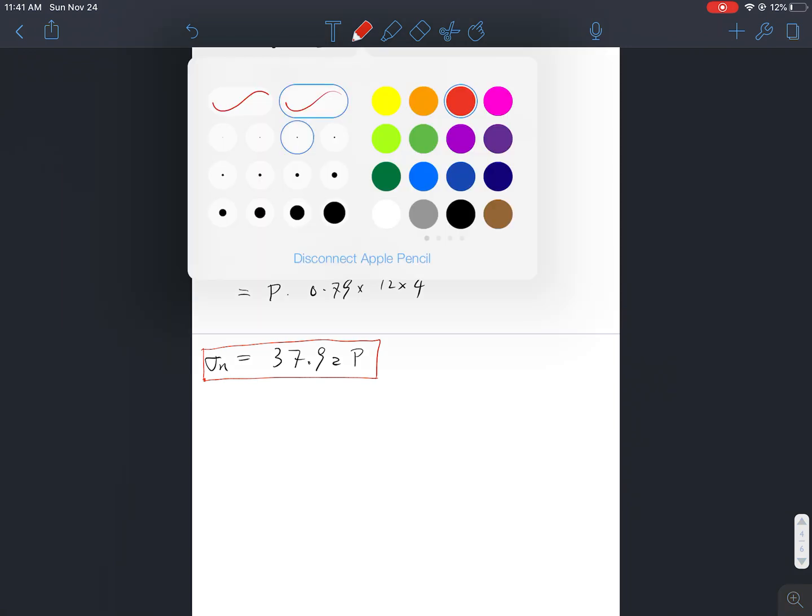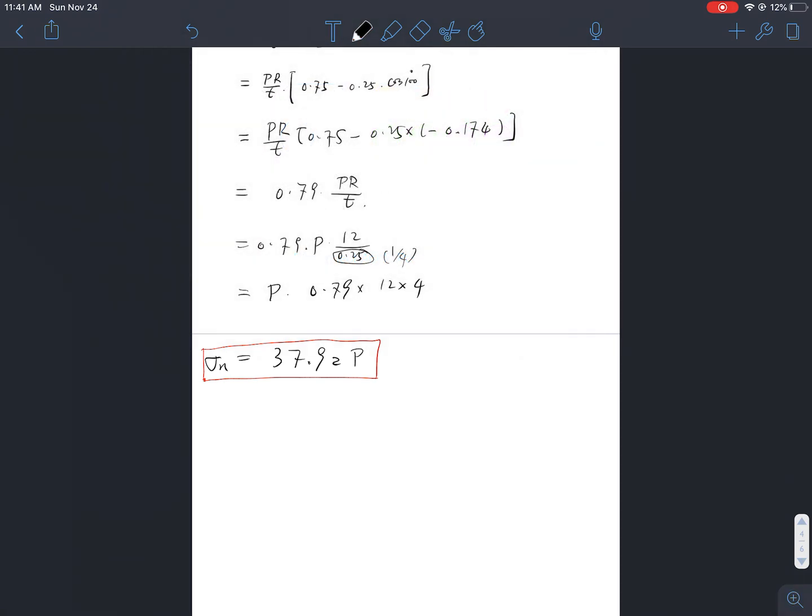Now, we said previously the constraint for our case is that this has to be smaller than 60 megapascal. So my P has to be smaller than 60 divided by 37.92 megapascal.